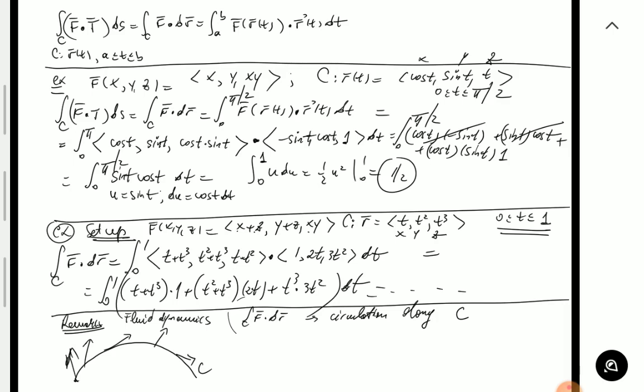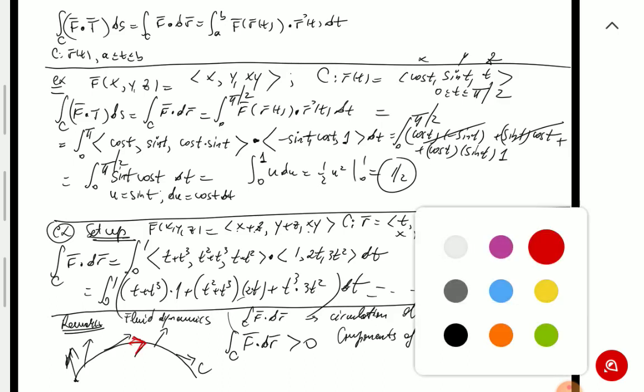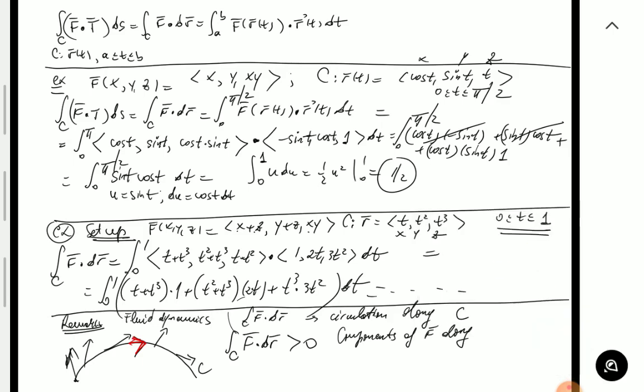Okay, so it's pretty obvious in this case that the line integral over this path is going to be positive, because the components of F along the path, assuming you traverse this from left to right, are in the same direction as the motion on C. So if it's a force field, in other words, the force helps the motion. It's in the direction of motion.